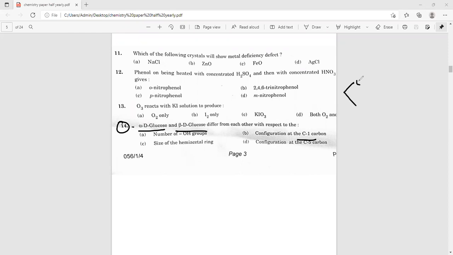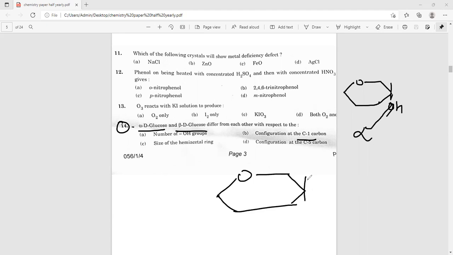Because in case of alpha glucose, the OH is present in the lower direction, while in case of beta, the OH group at the C1 position is present on the upper side. Clear? So the C1 position differs in case of alpha and beta glucose. Means B is the right answer.